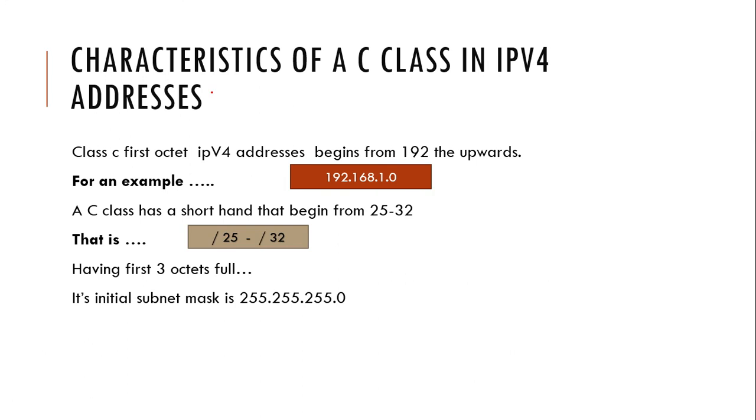Characteristics of a class C in IPv4 addresses. Class C first octet IPv4 addresses begin from 192 then upwards. For an example, here we're having 192.168.1.0.